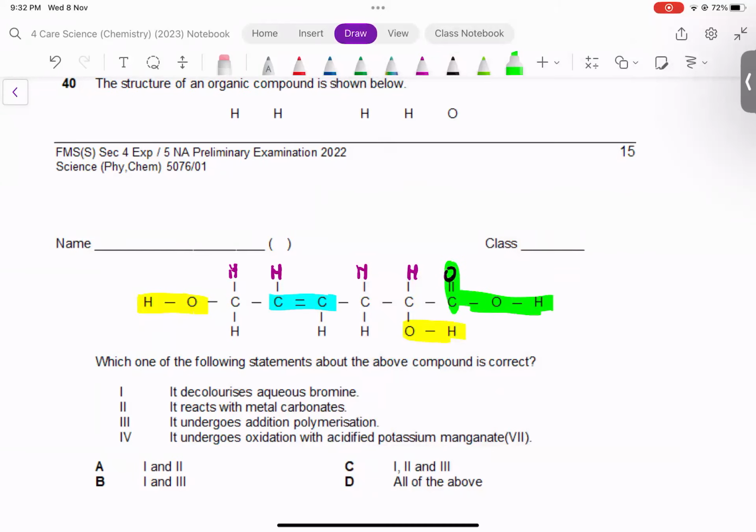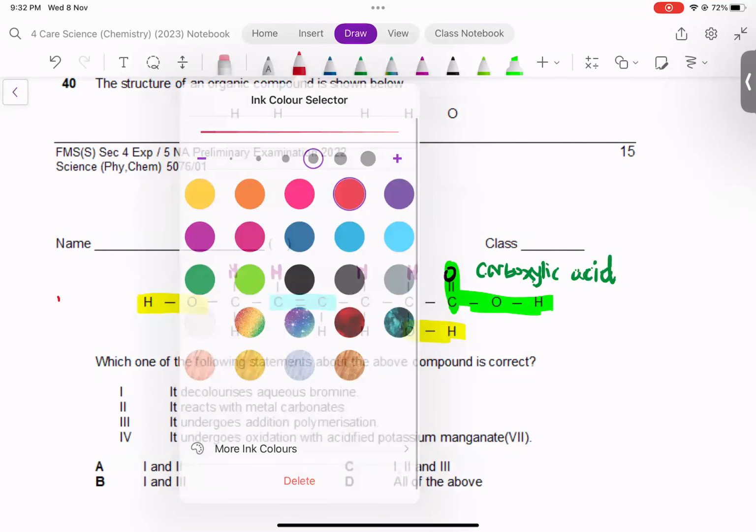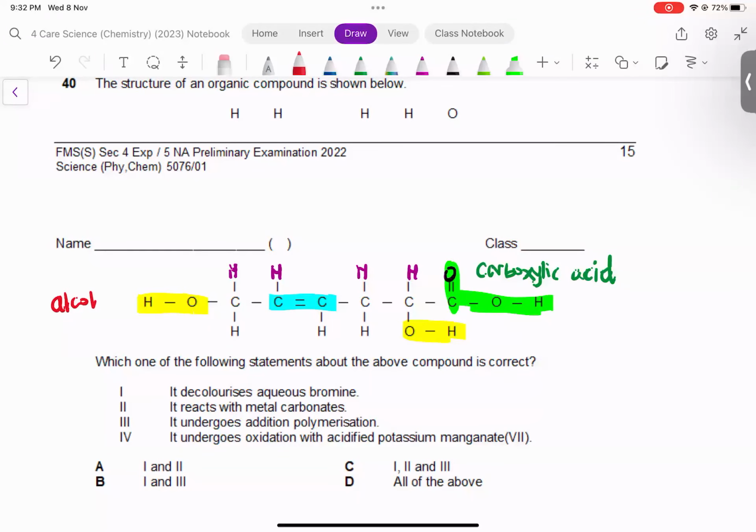You see basically 3 different functional groups. You see the carboxylic acid, you also see the alcohol, and finally, you also see the carbon-carbon double bond.